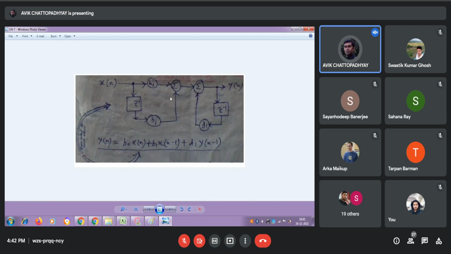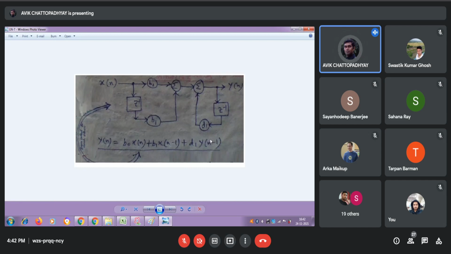Now, suppose this equation, the mathematical representation, has x of n, which is the present instant input, the nth instant, and x of n minus 1, the n minus 1th instant.